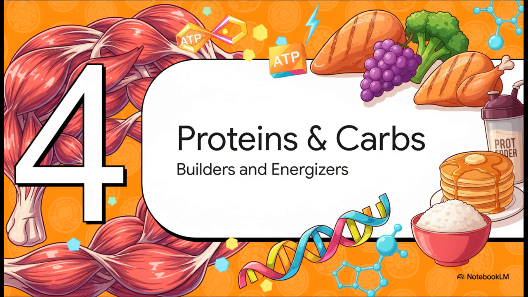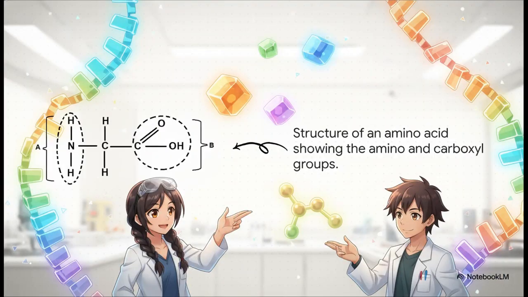All right, Section 4, proteins and carbohydrates, builders and energizers. So, while lipids are built from fatty acids and glycerol, proteins have their own VIP building blocks, amino acids. Amino acids are the monomers, the fundamental individual units that actually link together to build massive complex proteins.